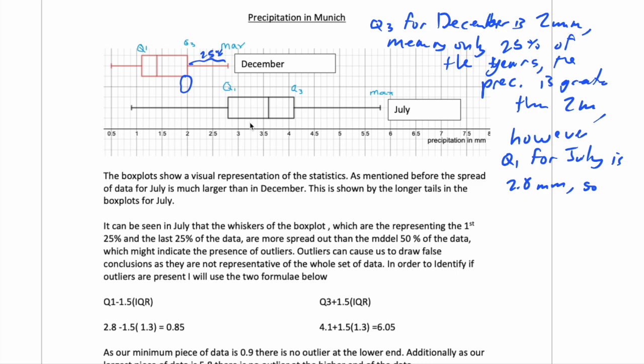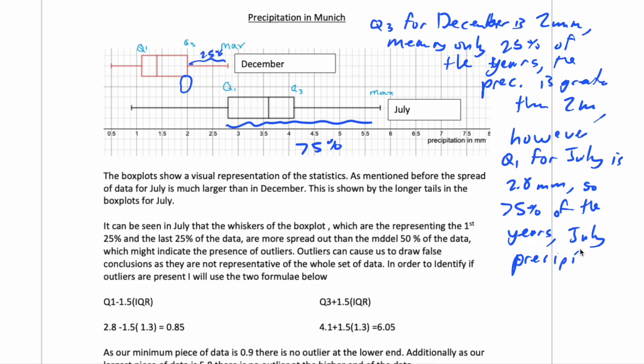So that means this is 3 sections of the box plot at 75%. 75% of the years, July precipitation is more than 2.8 millimeters. Okay, so make a direct comparison with those values.